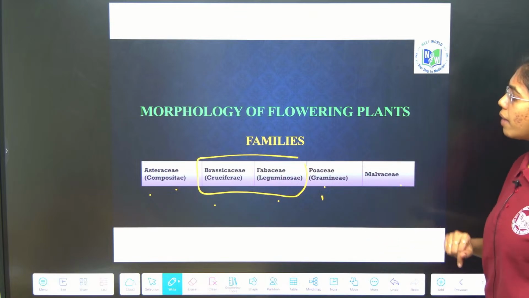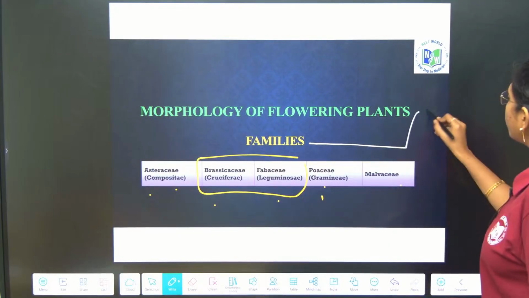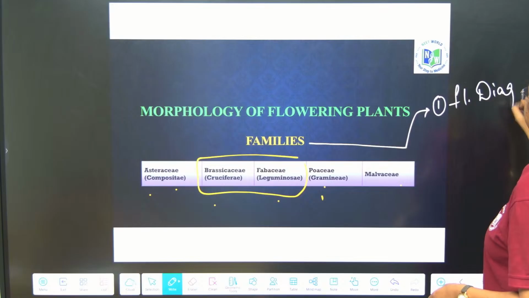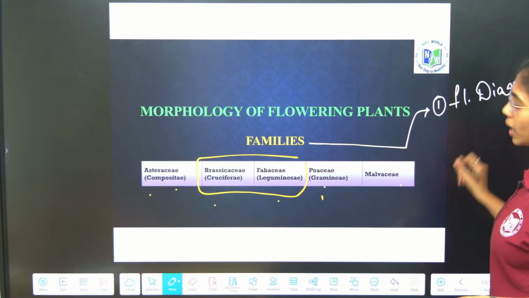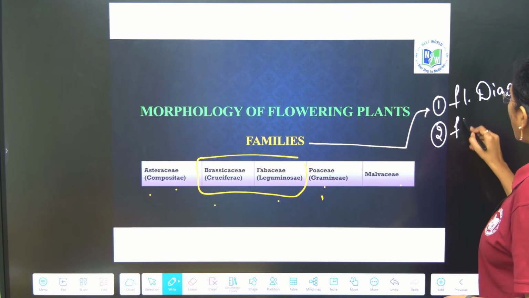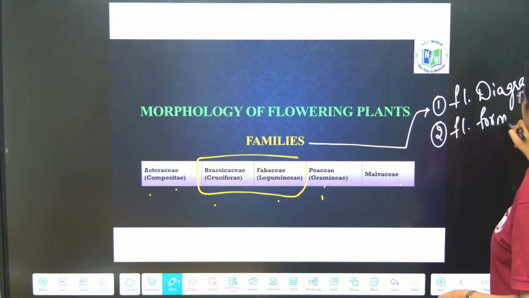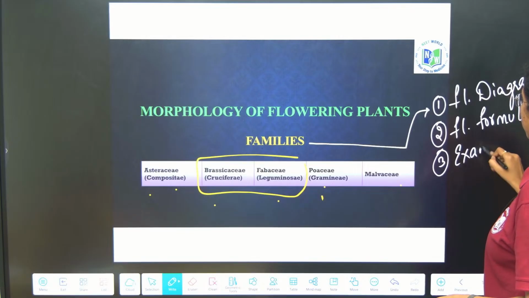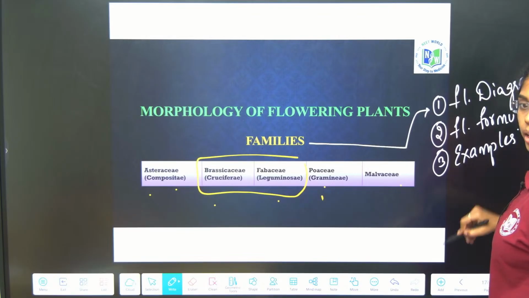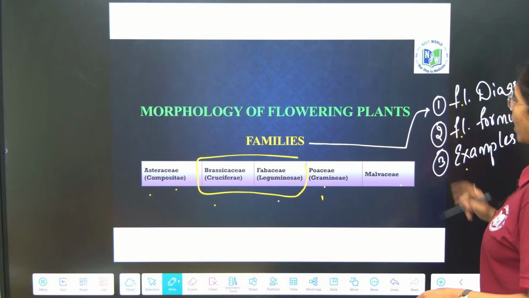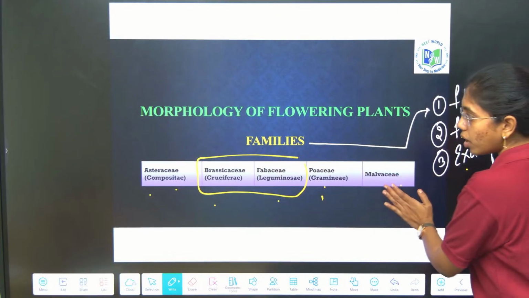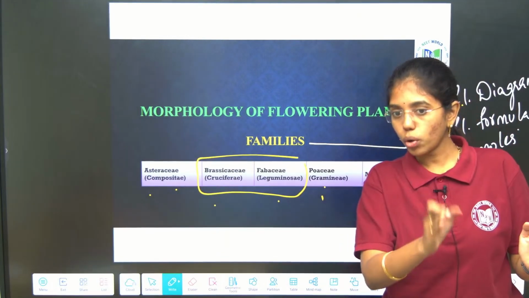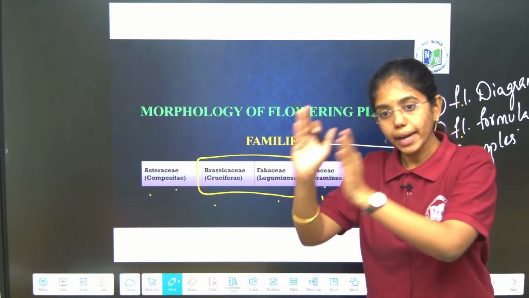How you have to deal with families is, first and foremost, the floral diagram should be clear in your mind for each family. Second thing is floral formula, and third is examples. That's it. Floral diagram, floral formula and examples. As this is the first time that you are going through morphology, I have dealt with vegetative characters, floral characters, fruit, seed and then families.